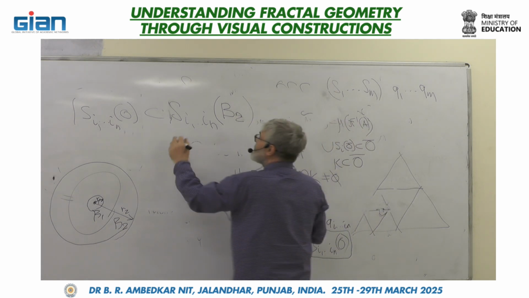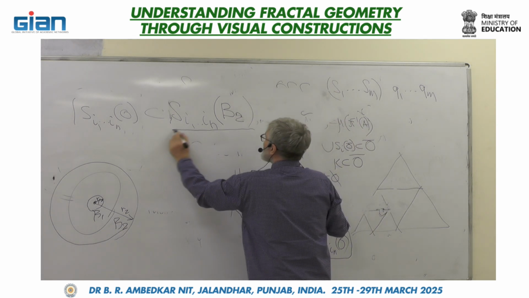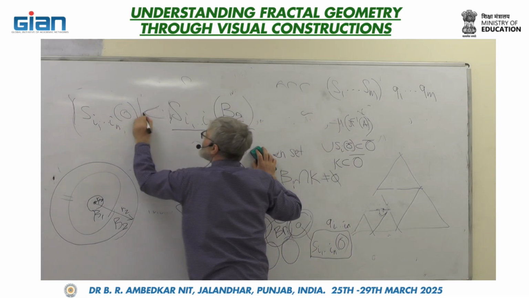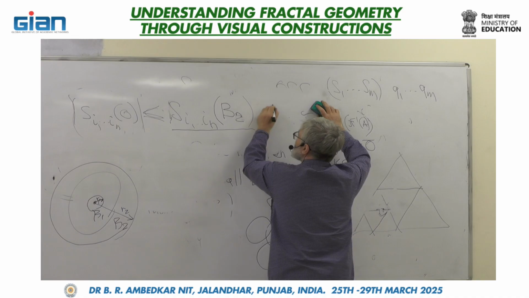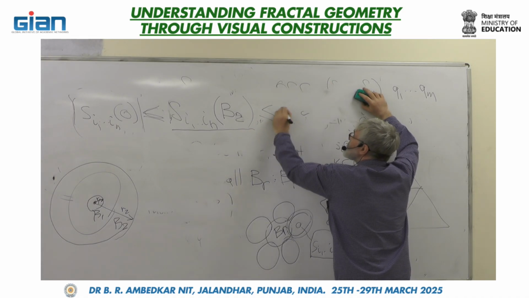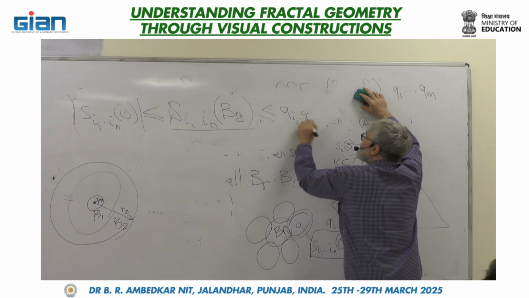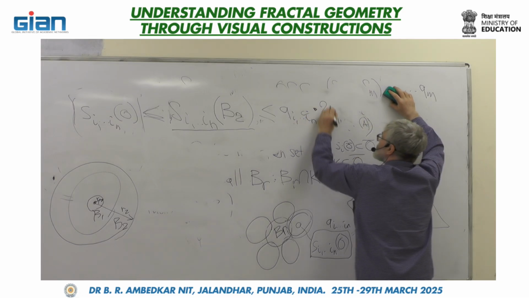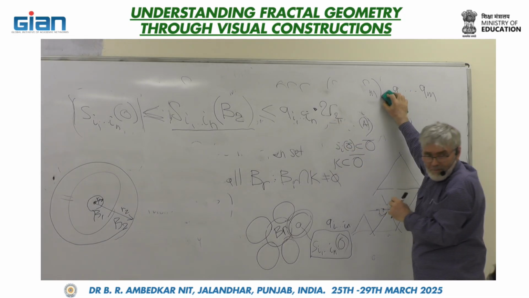And the diameter of Si1 In of B2 will be less or equal to Qi1 In multiplied by 2R2. Yes?